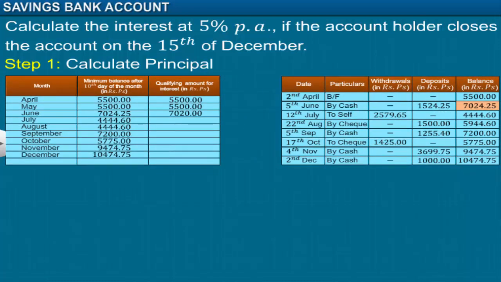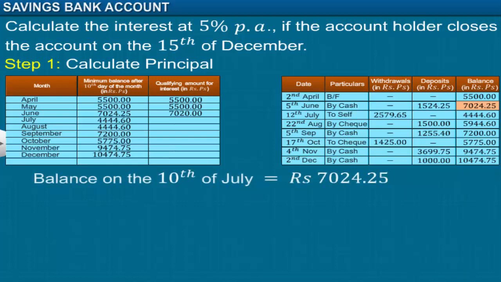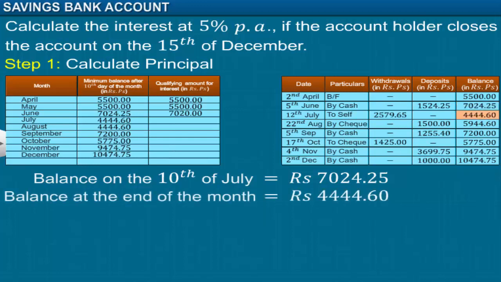Now, let's find the minimum balance for the month of July. On the 10th of July, the balance is 7,024 rupees and 25 paisa, and the balance at the end of the month is 4,444 rupees and 60 paisa.